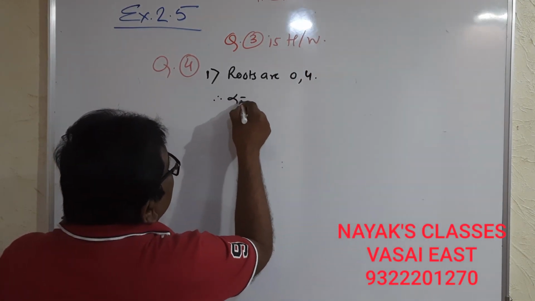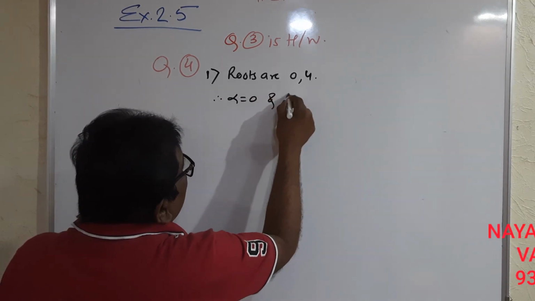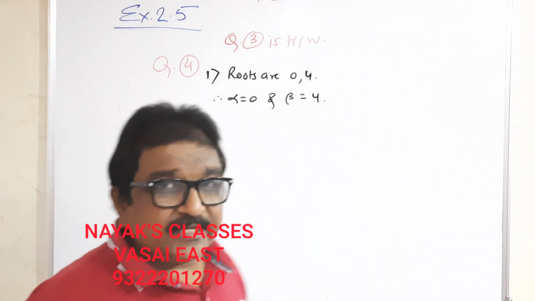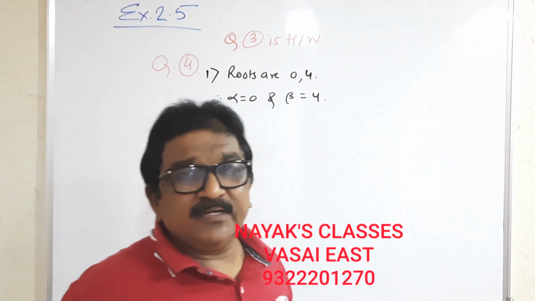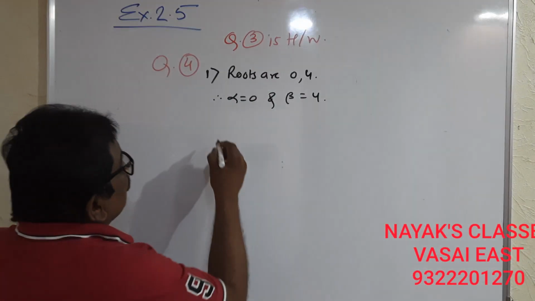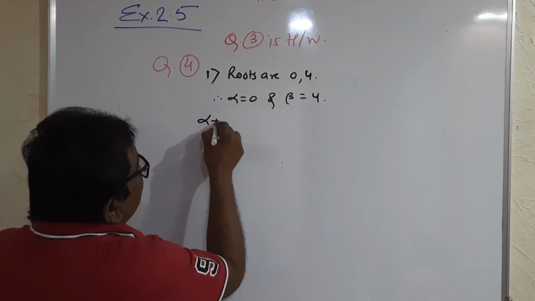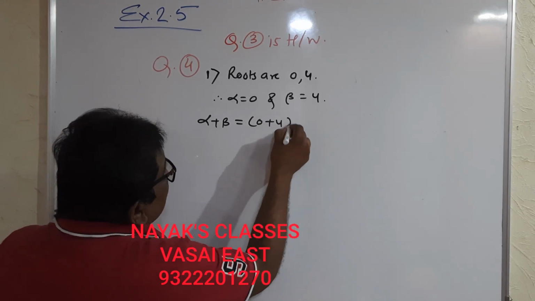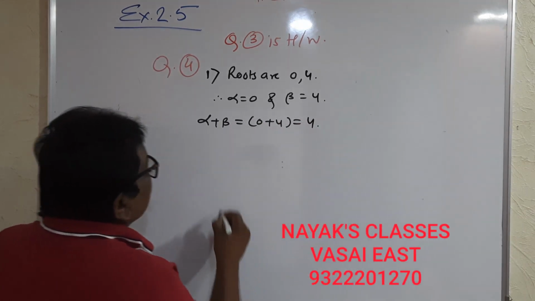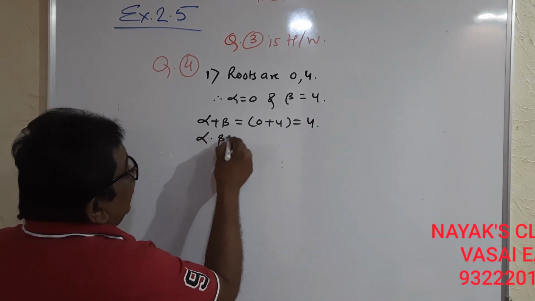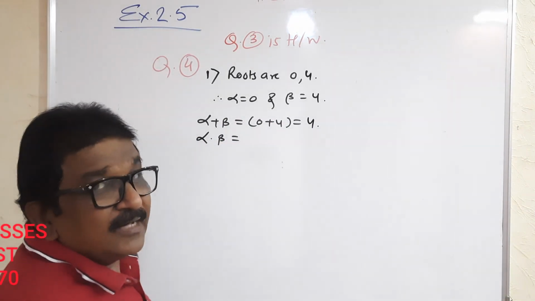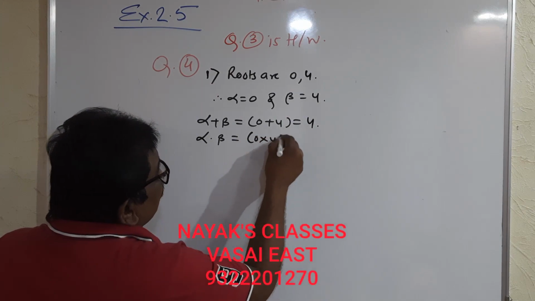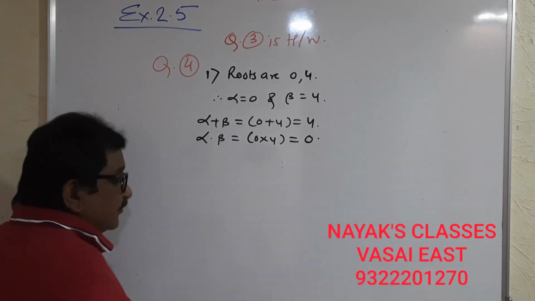Therefore, alpha is equal to 0 and beta is equal to 4. Two roots are given and we have to form the equation. So, first is alpha plus beta is equal to 0 plus 4 is equal to 4. And second is alpha into beta. It is 0 into 4 is equal to 0.